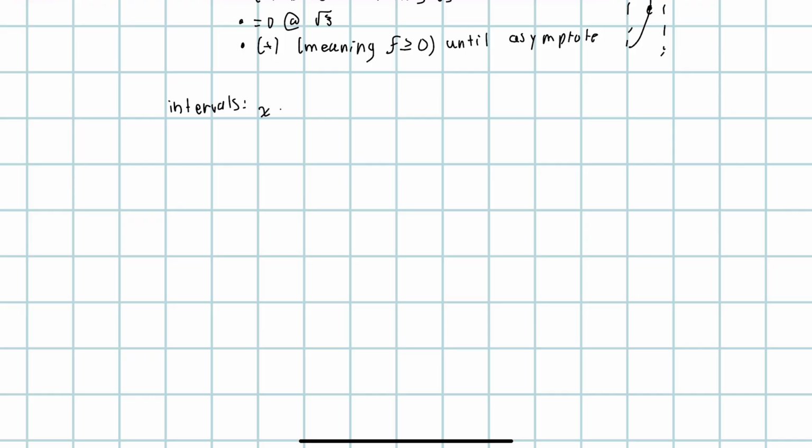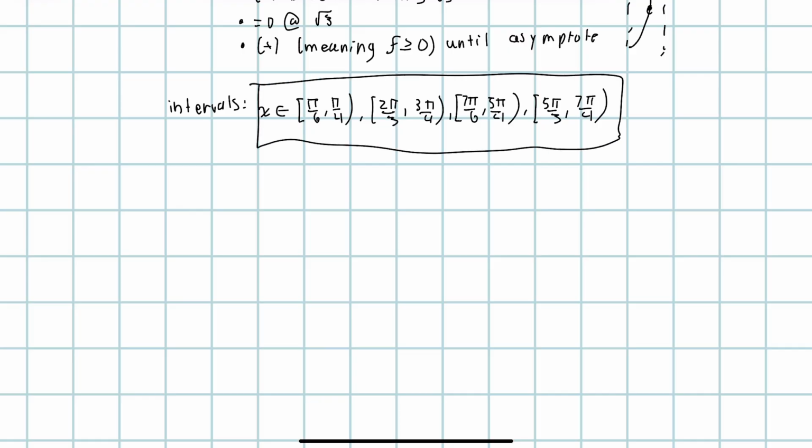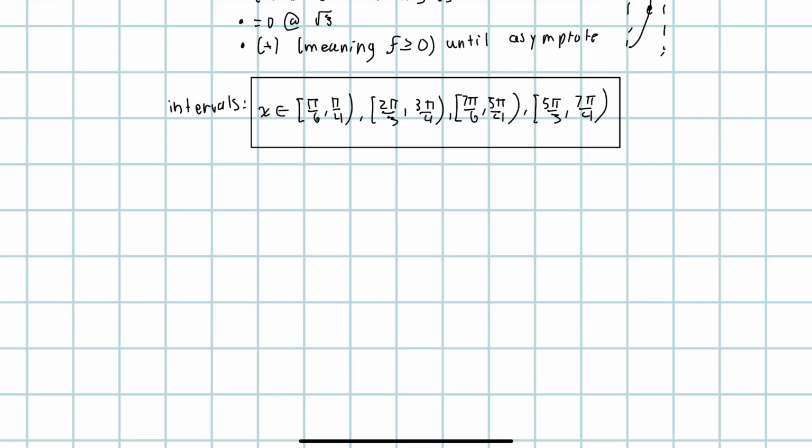So x is going to be in the intervals of pi over 6, pi over 4, 2 pi over 3, 3 pi over 4, 7 pi over 6, 5 pi over 4, 5 pi over 3, 7 pi over 4. So, yeah, that's just going to be your final solution for this problem. It's a little bit different, but okay.